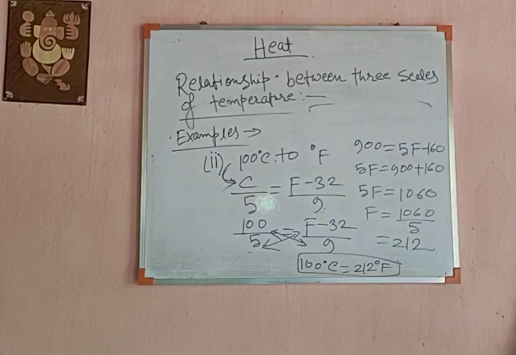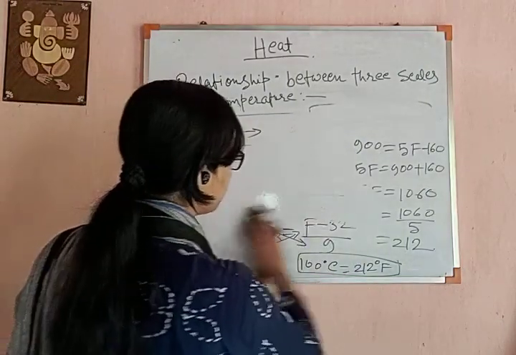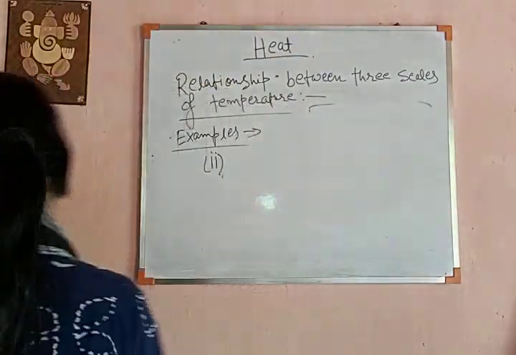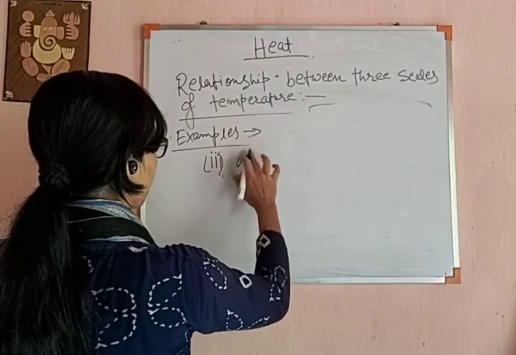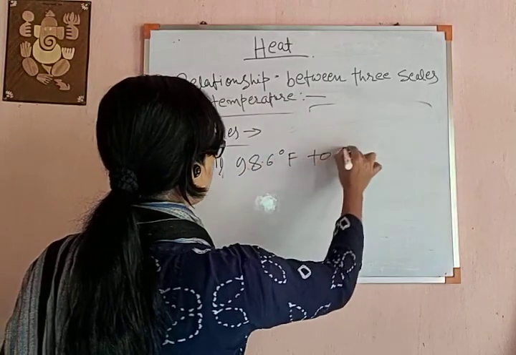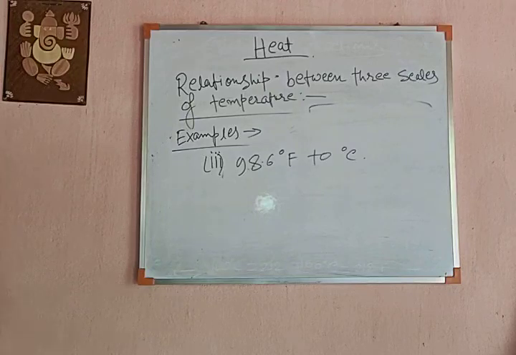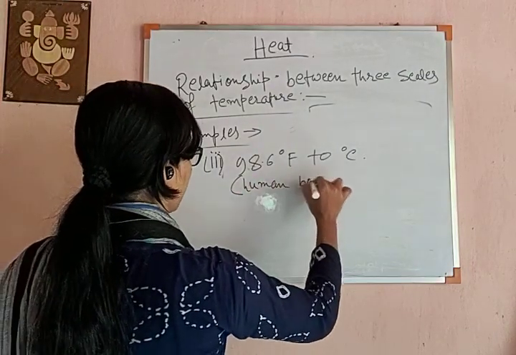Next is the vice versa, that is how to convert Fahrenheit temperature to degree Celsius. So the third example is 98.6 degree Fahrenheit to degree Celsius. For your information, 98.6 degree Fahrenheit is the human body temperature.